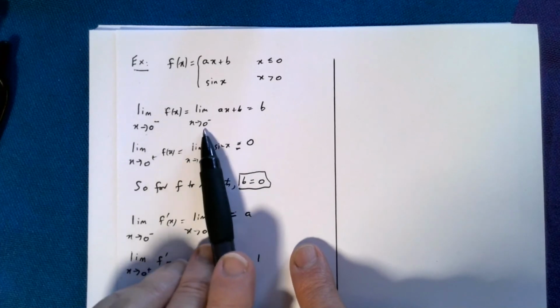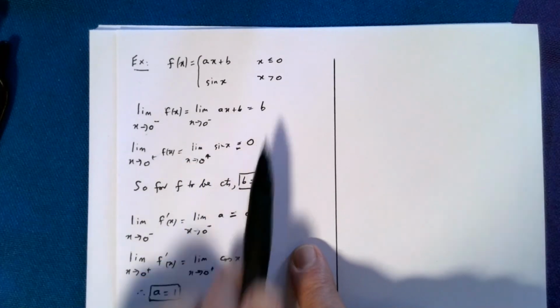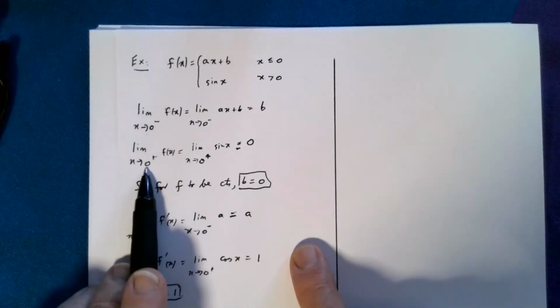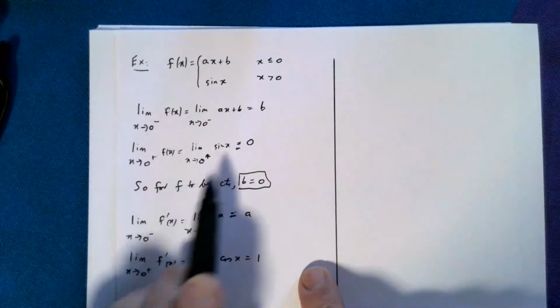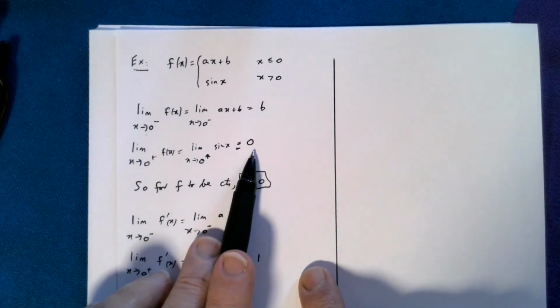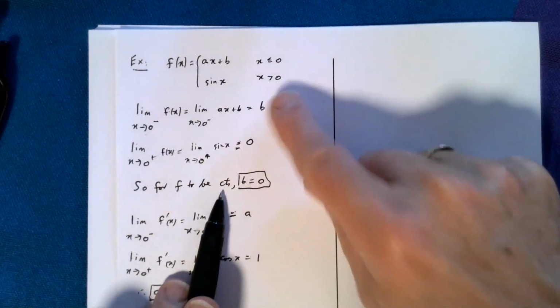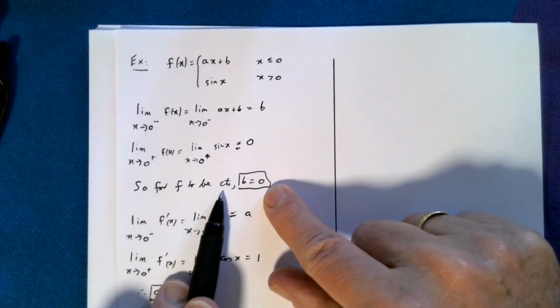I send x to 0, I just get b. Now, if I look at the limit as x goes to 0 from the other side, then the definition there is sine of x, and I take that limit, sine of naught is naught. So in order for f to be continuous, we need b to be 0.